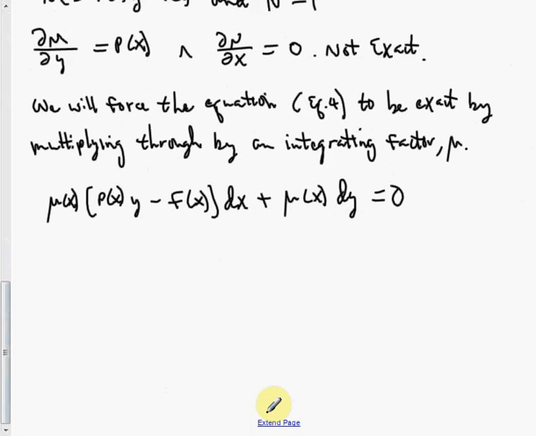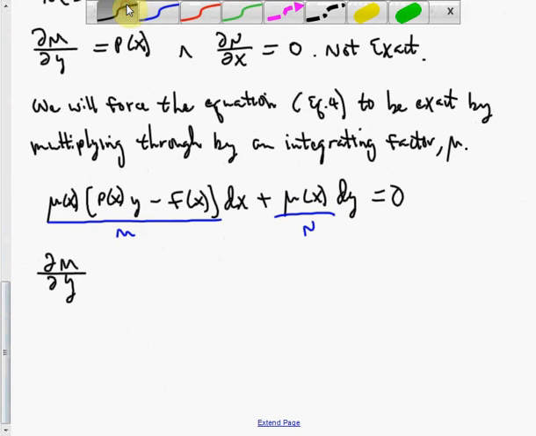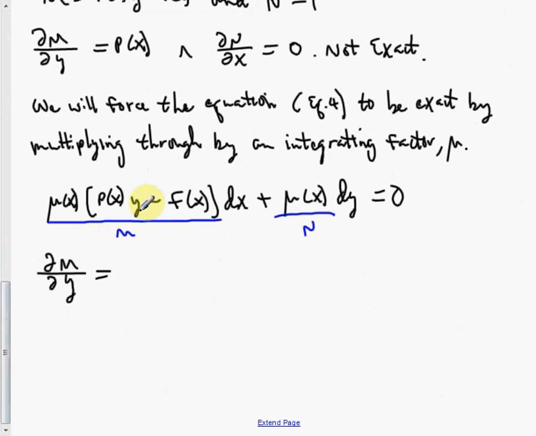So now I check here the partial of m with respect to y. So this whole side right here is m, and just that mu of x is n. So I take the partial of m with respect to y, where everything associated or multiplied to the y becomes the coefficient. So I take the derivative here of y, that's just 1 times its coefficient. So here, this is just mu of x times p of x.